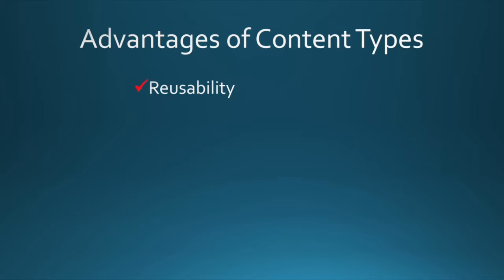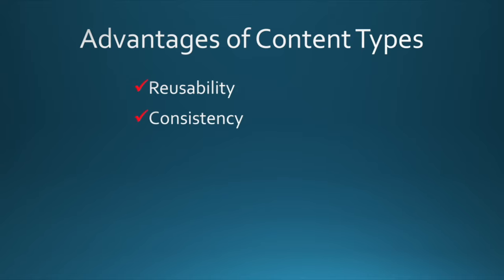As you saw in the example we walked through, once we created that project issues content type, it was very easy to create a project issues list that uses that content type in every project site that we create. It's much quicker than having to go into each project site and create a list and add columns to that list, as opposed to just assigning a content type to that list and you're done. So reusability is a key advantage.